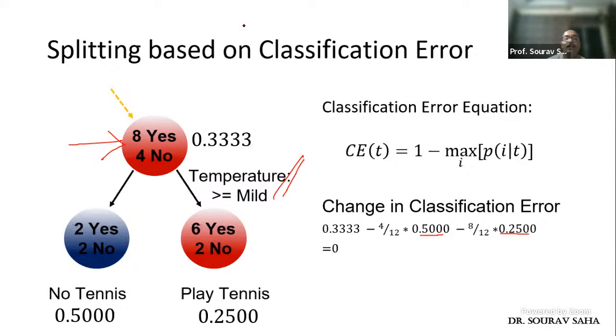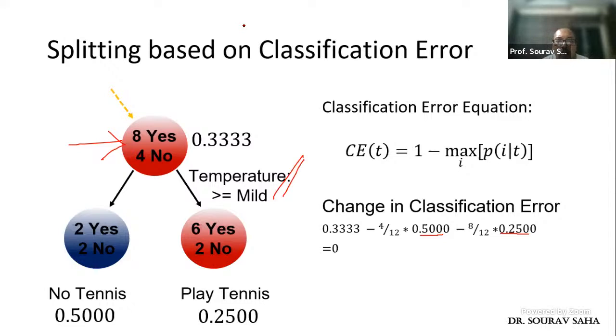The complement of that is going to give me the impurity. The maximum of that proportion is basically giving me the purity value, and the complement of that is the impurity. So the purity part is the maximum of that particular proportion.